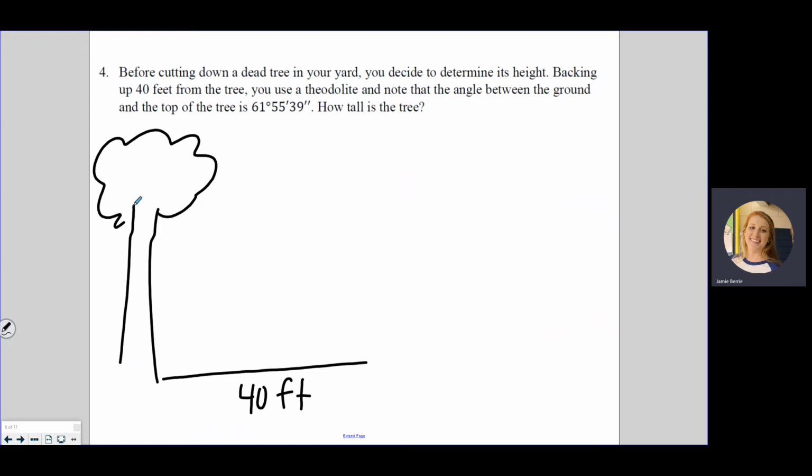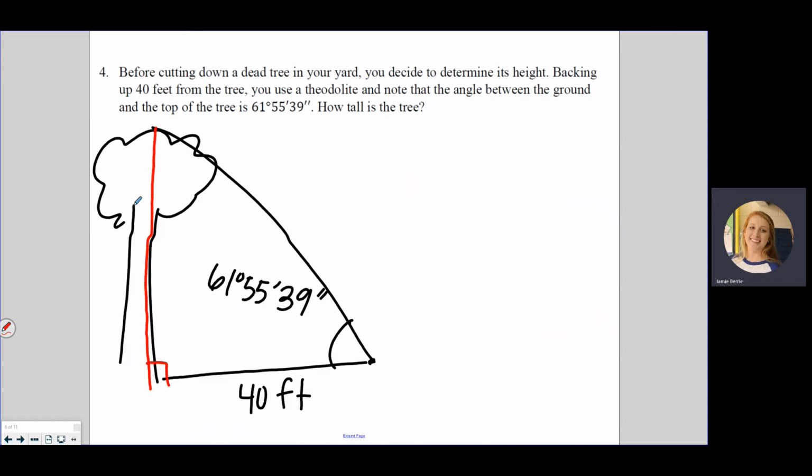So draw yourself a little line from the ground to the top of the tree. There's the top of the tree, and we estimate that angle is 61 degrees, or excuse me, 55 minutes, 39 seconds. You can see that forms a little right triangle right here. There's our right angle.